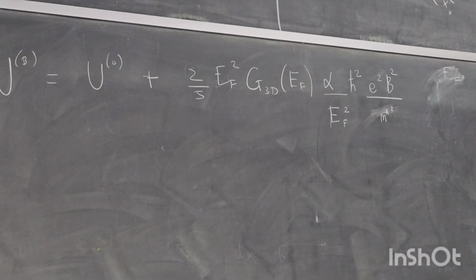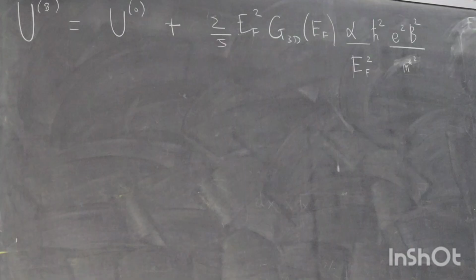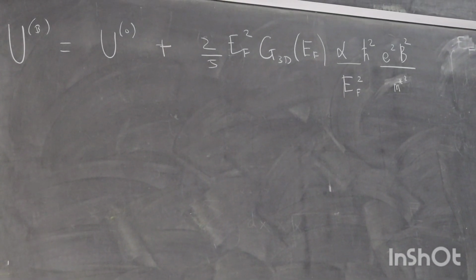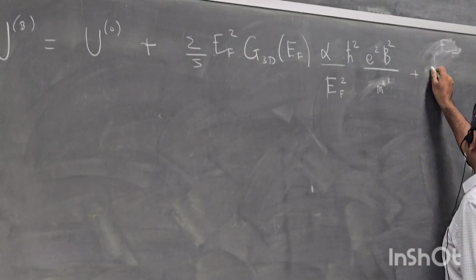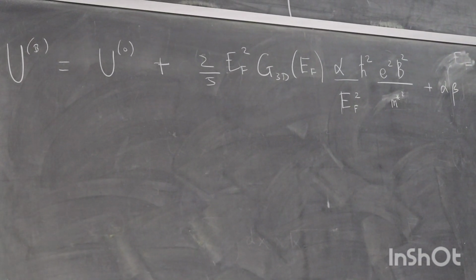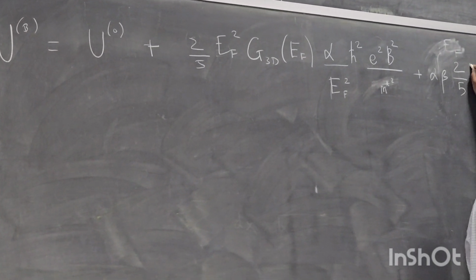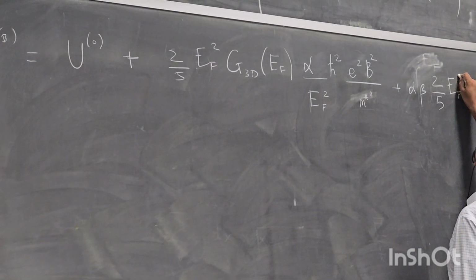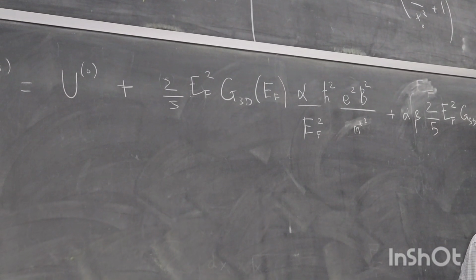Alright. So I just write down x naught. I just open up this x naught plus alpha beta U naught. U naught again is 2 over 5 EF squared G3D EF.